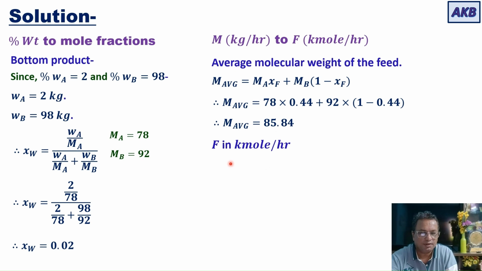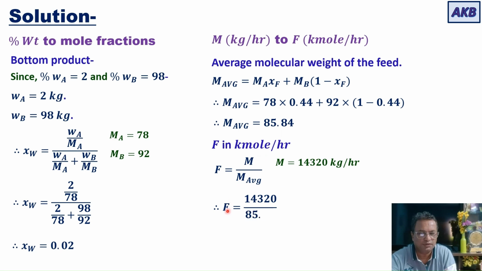Once the average molecular weight is known, you can easily convert kg per hour to kilomole per hour. F will be the mass flow rate divided by the average molecular weight. The mass flow rate of the feed which is given to us is 14320 kg per hour. The average molecular weight we just found. Therefore, F will be 14320 divided by 85.84, which gives us F as 166.82 kilomole per hour.